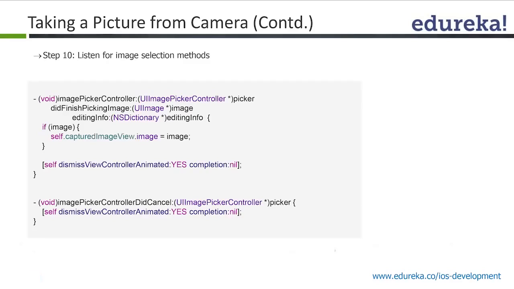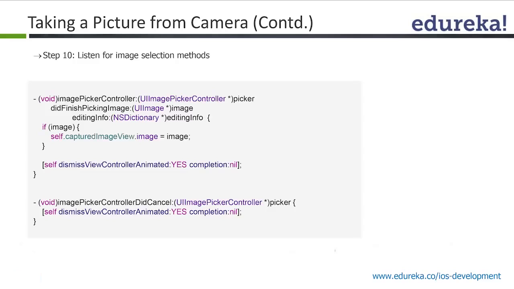This is the method which will be called whenever the user has completed selection of the image. Here it will give you an image. UIImage is nothing but an NSObject of image type, and if it is edited, you will get all the details of the editing info.